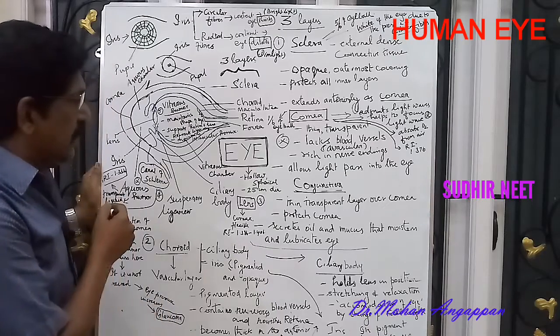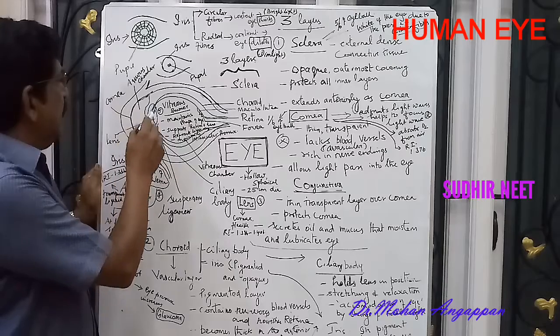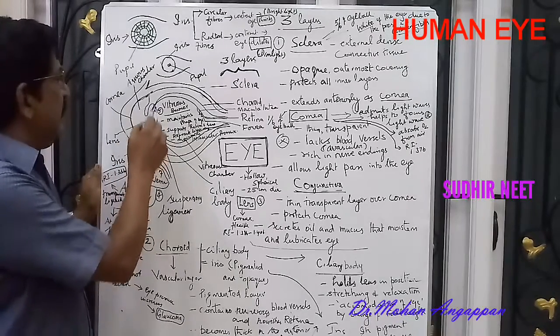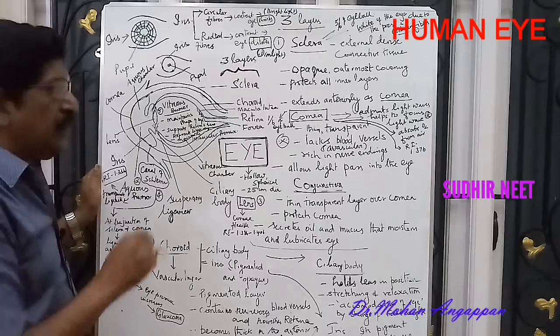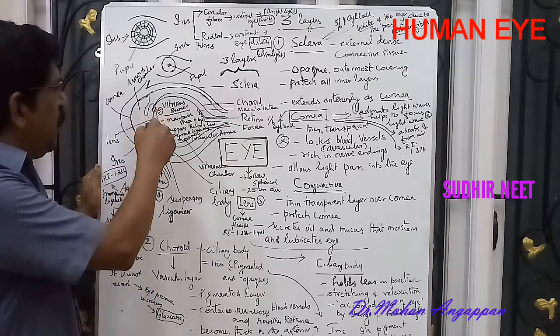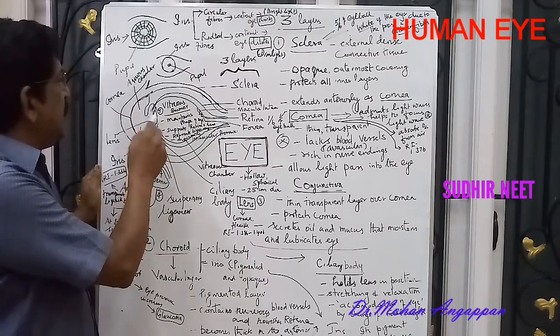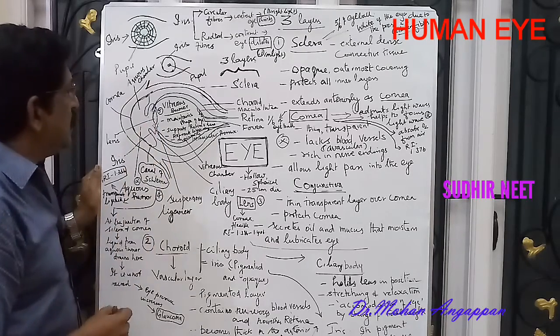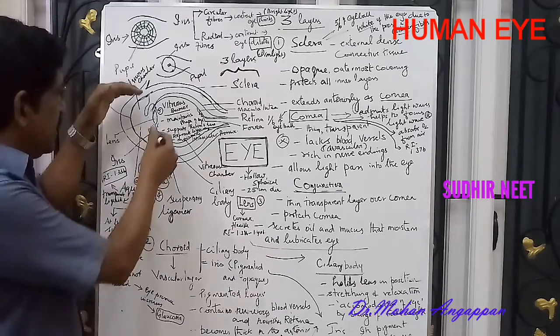Another function: it allows the lens to stretch and relax to accommodate for vision. That is called the accommodation of the eye, by changing the focal length. So the ciliary body helps the lens to change the focal length to accommodate for sight.